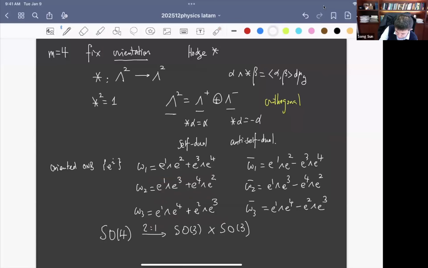But if omega 1, omega 2, omega 3 satisfy this form, then you can see that omega i wedge omega j, by the definition, is the same as omega i wedge star omega j. So this is just delta ij times the volume form d mu g.